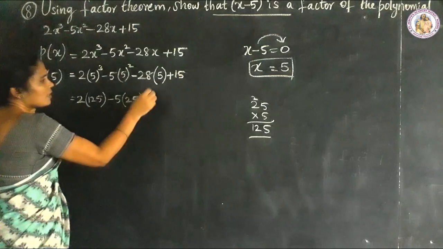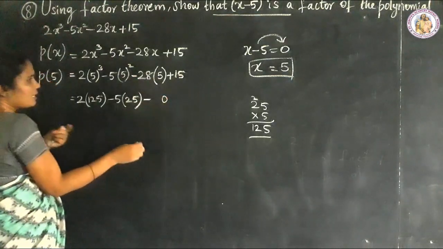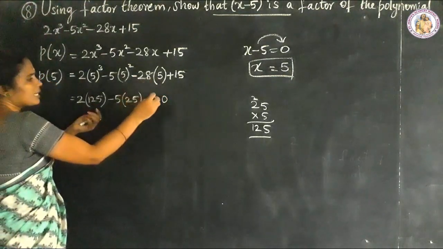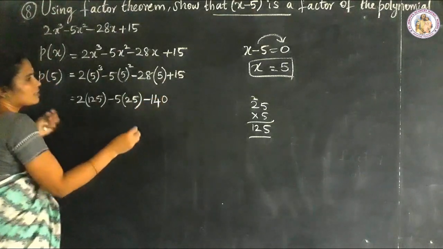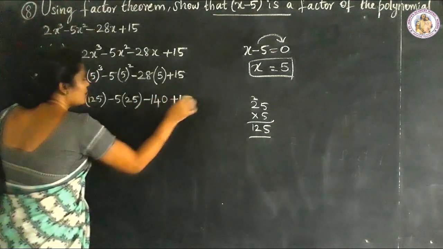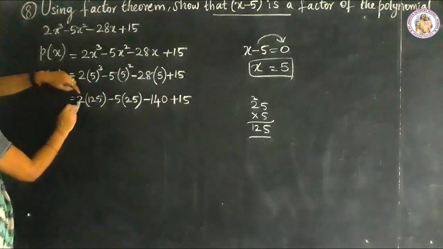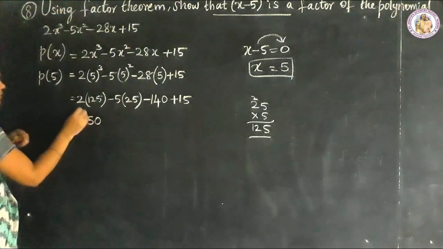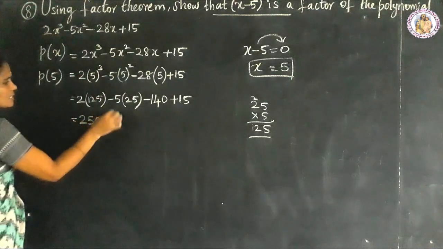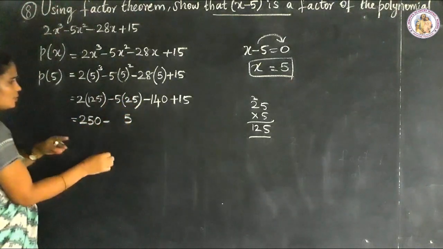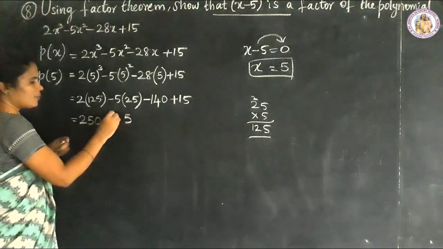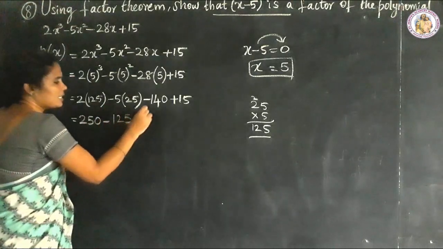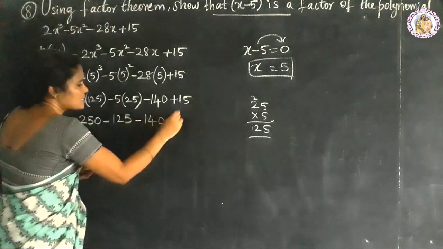Minus 8 5s are 40, remaining 4. 5 2s are 10, 10 plus 4, 14. Plus 15. Now multiply. 5 2s are 10, remaining 1, 2 2s are 4, 4 plus 1, 5, 1 2s are 2. Minus 5 5s are 25, remaining 2, 5 2s are 10, 11, 12. Minus 140 plus 15.